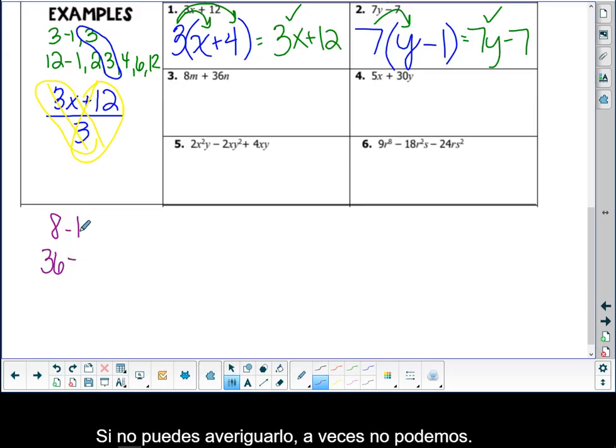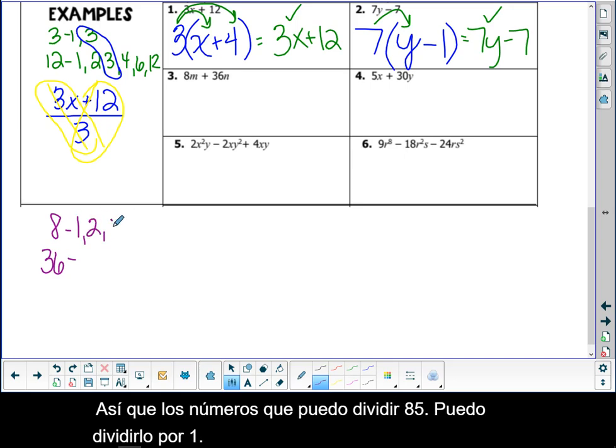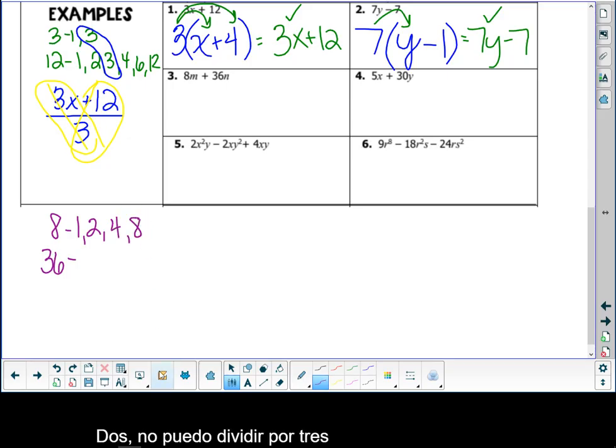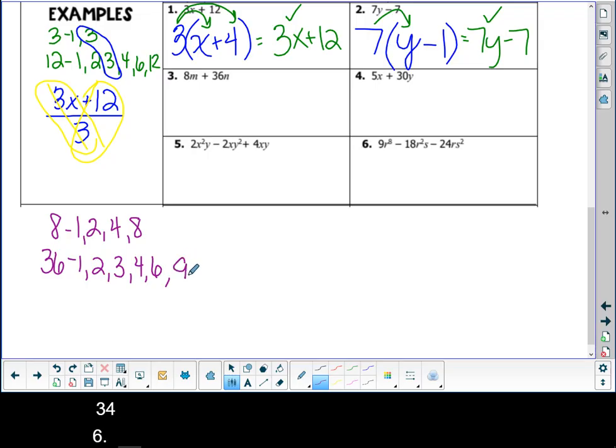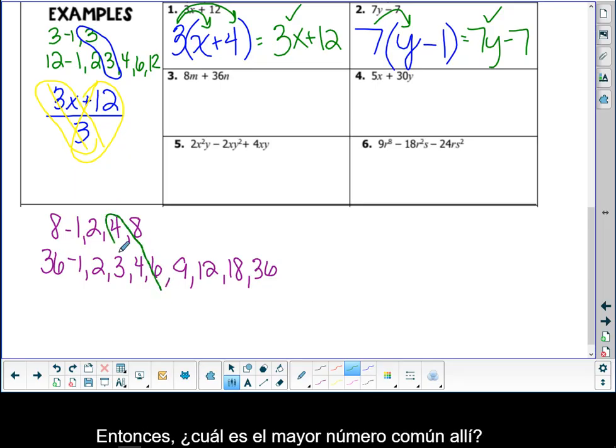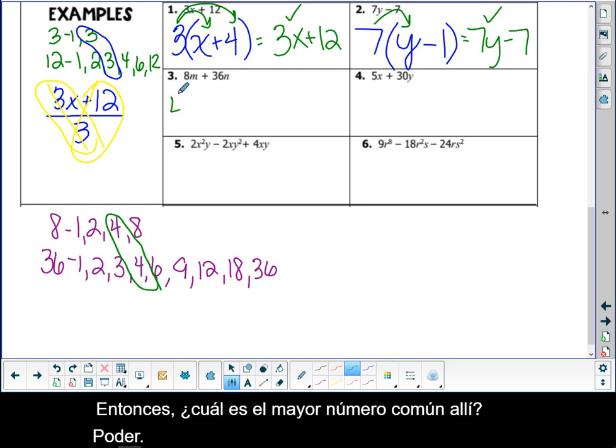The numbers that I can divide 8 by: 1, 2, I can't divide it by 3, but I can divide it by 4, and 8. For 36: 1, 2, 3, 4, 6, 9, 12, 18, and 36. So what is the biggest common number there? 4. So my GCF here is 4.